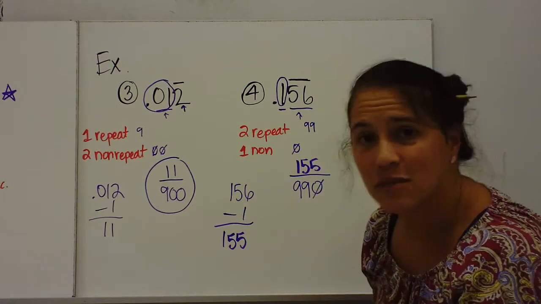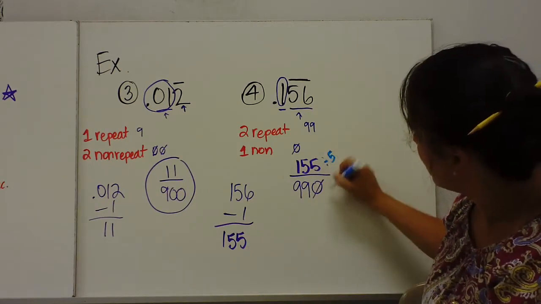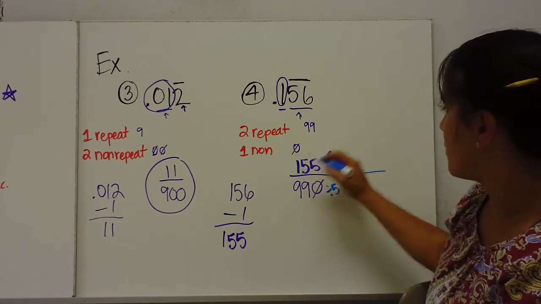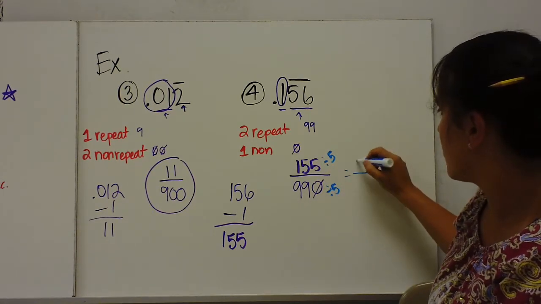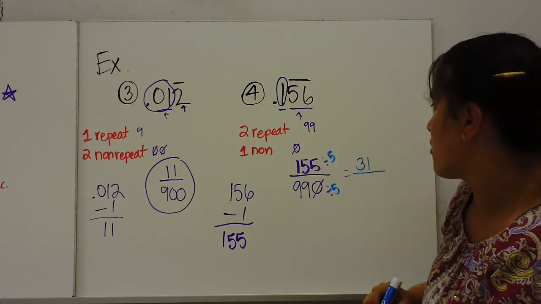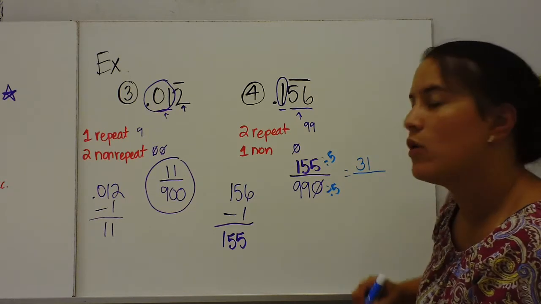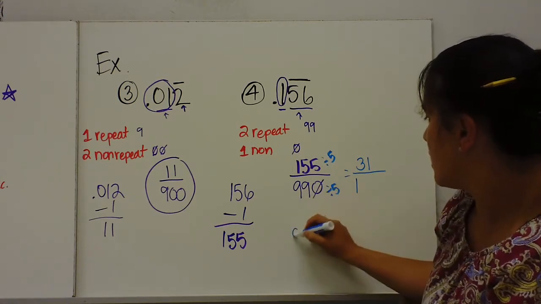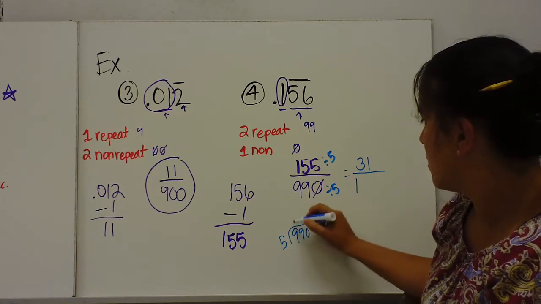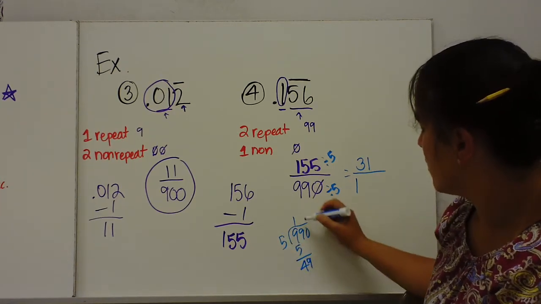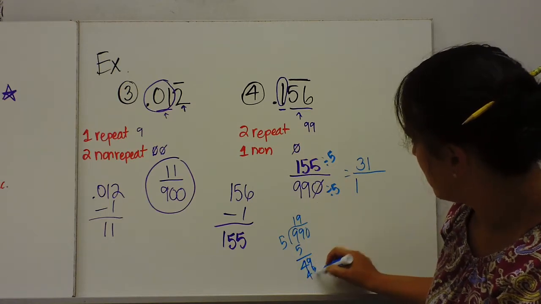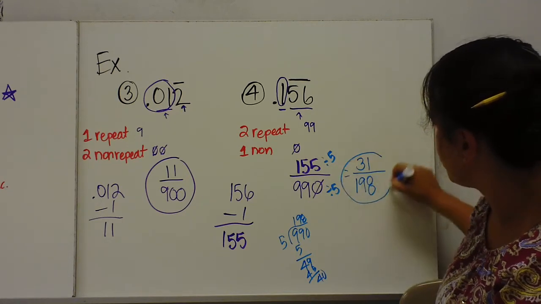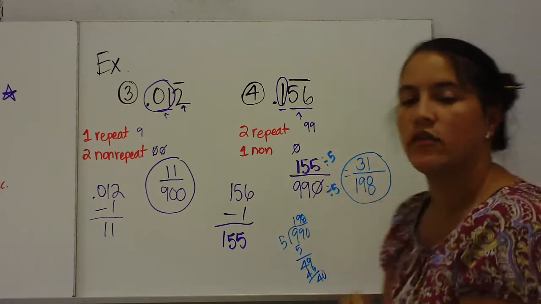Now I can simplify, so I have to divide by 5, and 5 will go into 15, 3 times, 31 over 990 divided by 5 is 198. 31 over 198.